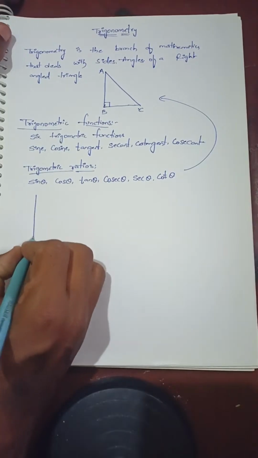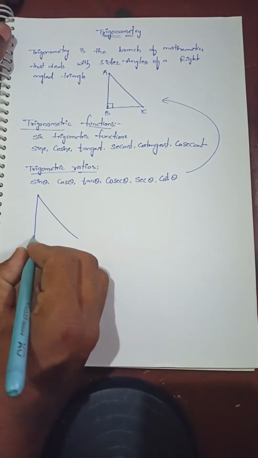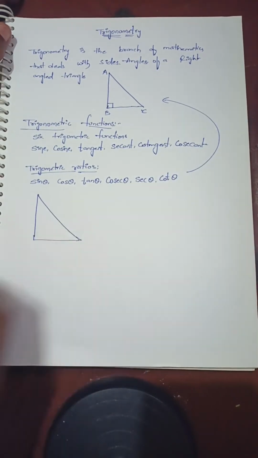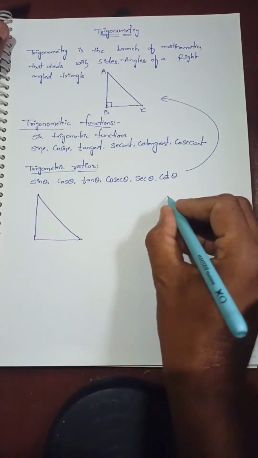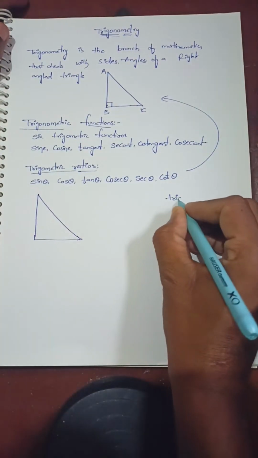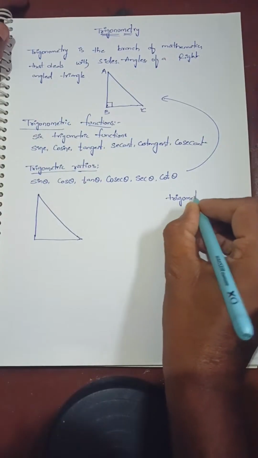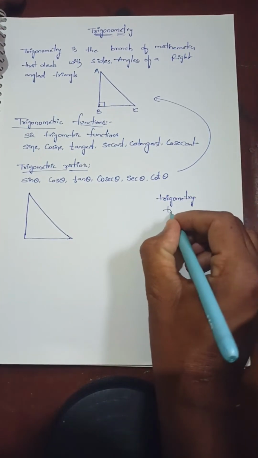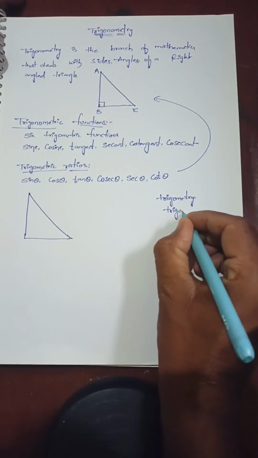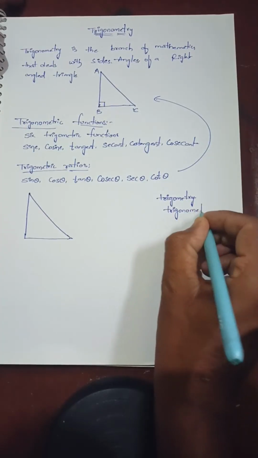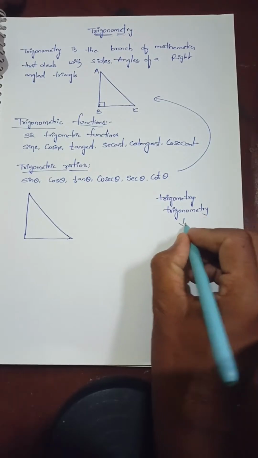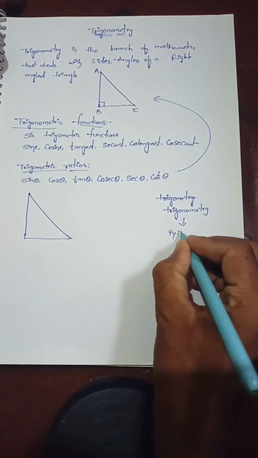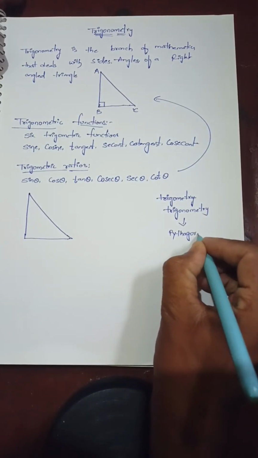So if you draw the right angle triangle, the complete trigonometry will depend upon the Pythagoras theorem.